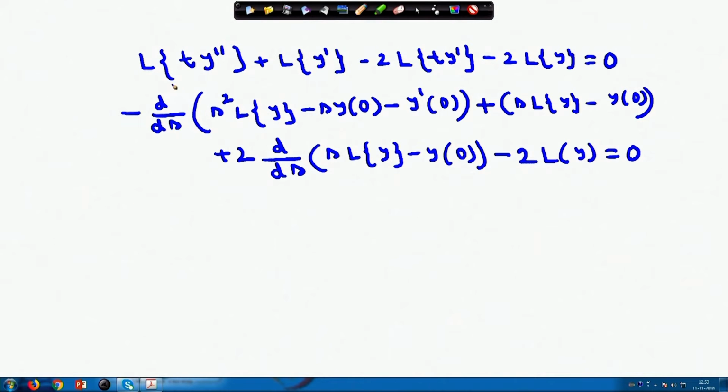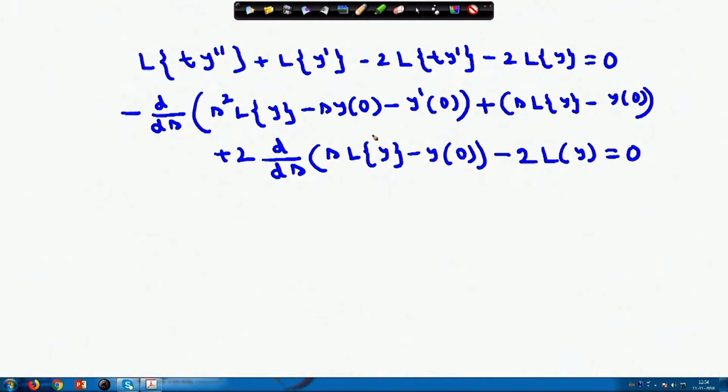So, please note here Laplace transform of t y double dash, whenever it is there, the value is minus d d s of Laplace transform of y double dash. Laplace transform of y double dash is known to us. Then Laplace transform of y dash, we know it and we put it. Whenever you have Laplace transform of t y dash, that will be equals to minus d d s of Laplace transform of y dash. So, this has become plus 2 into d d s of Laplace transform of y dash, which we substituted by s into Laplace transform of y minus y naught.